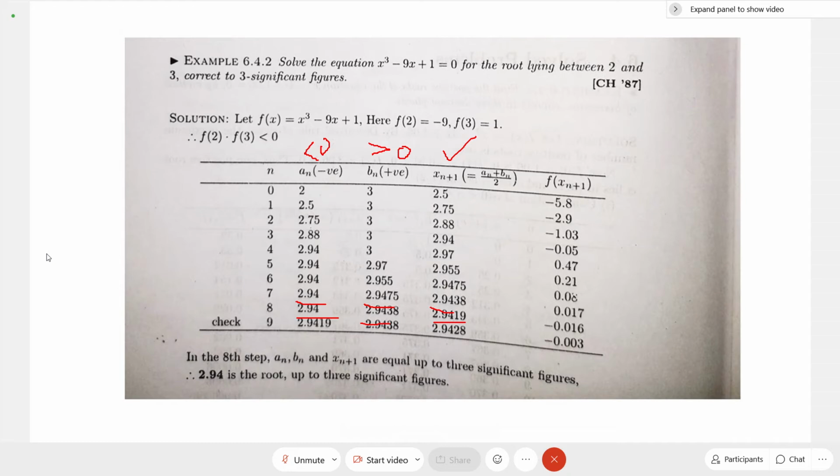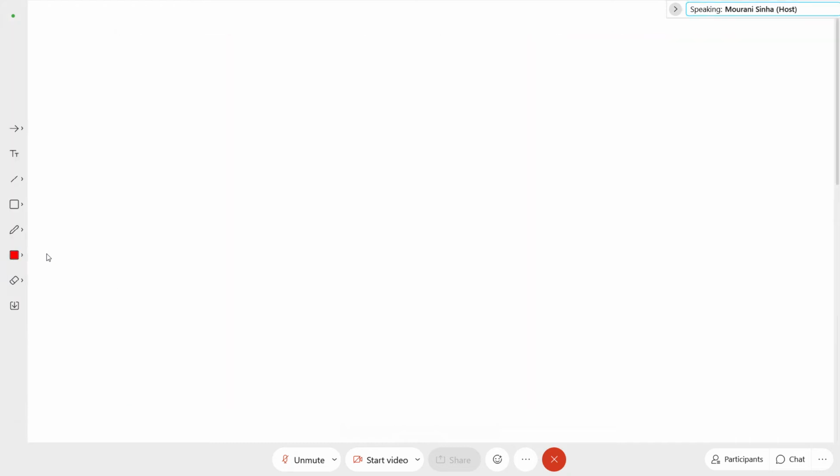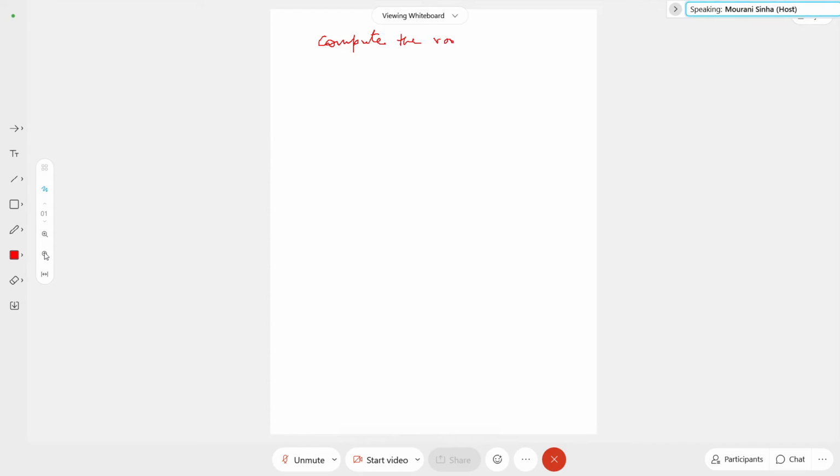Please try one more question on your own. That will help you to understand it better. We will solve it together. So compute the root of log x equals cos x.